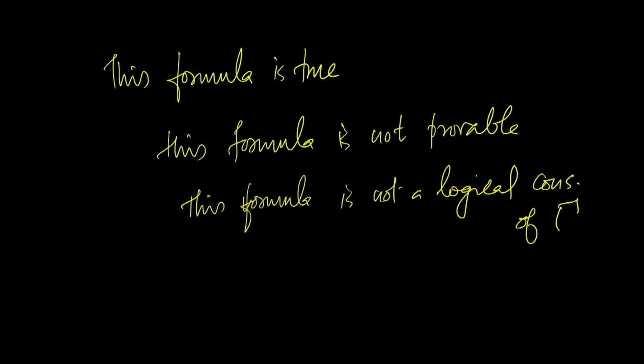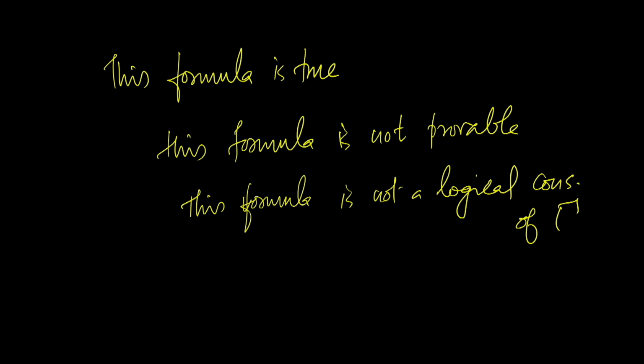In other words, there is a formula which is true in the standard interpretation but is not a logical consequence of Peano's axioms. According to our intuitive understanding of numbers, this formula has to be true, but it cannot be provable from the set of Peano's axioms. In other words, the proof system that we have laid out is not complete in that sense. That is, it is not capable of proving every statement which is true in the standard interpretation.